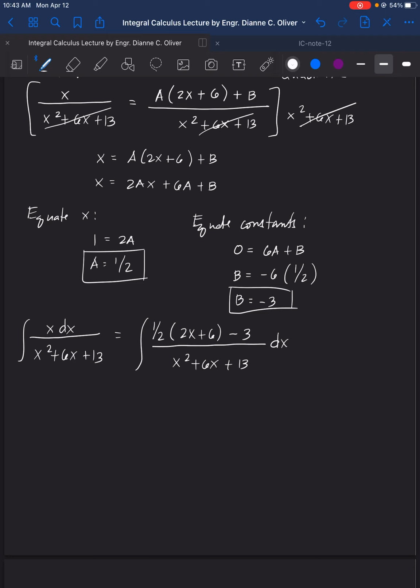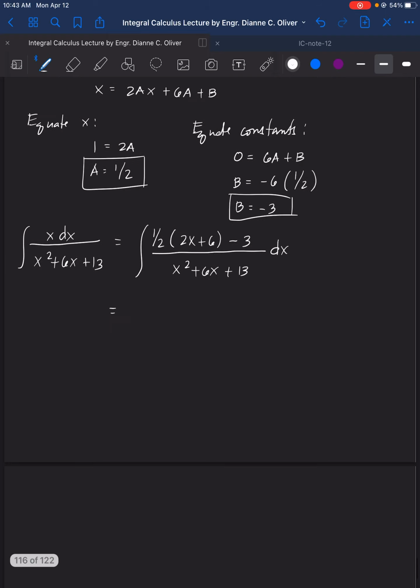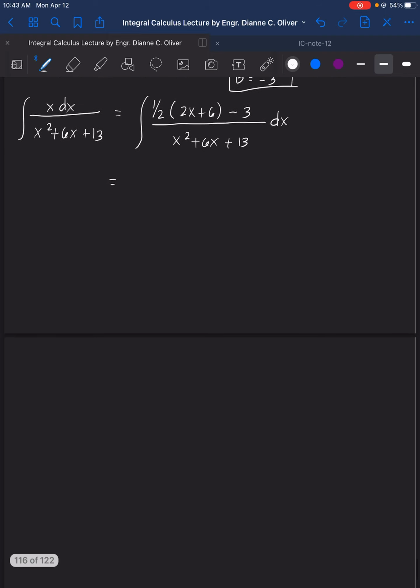Okay, so let's simplify further. So if we multiply this here, what happens is we have x plus 3 minus 3 all over x squared plus 6x plus 13 dx.